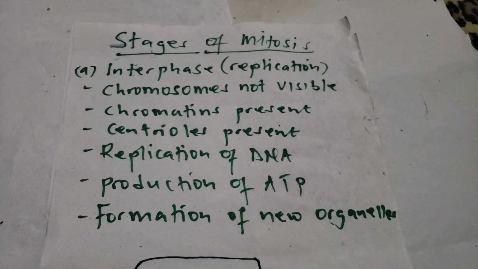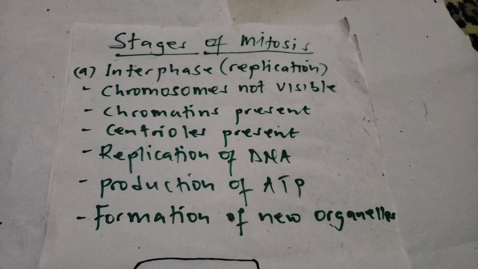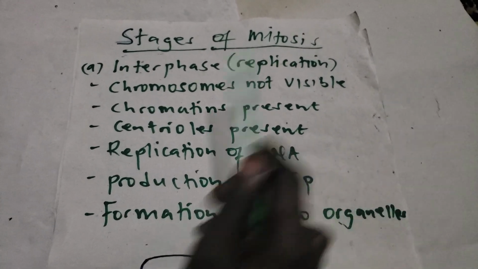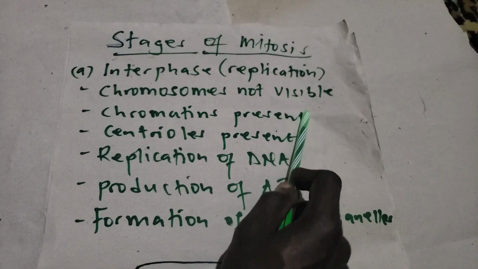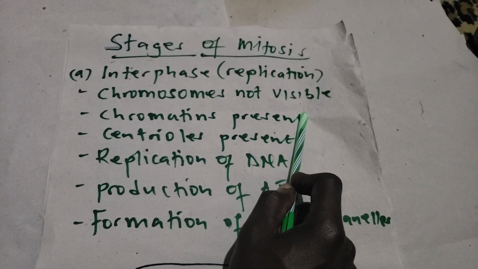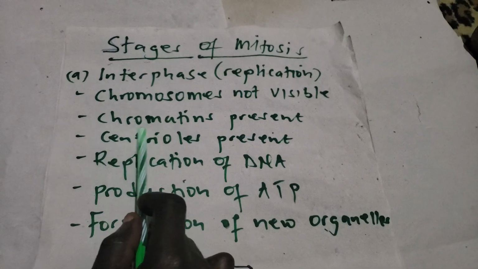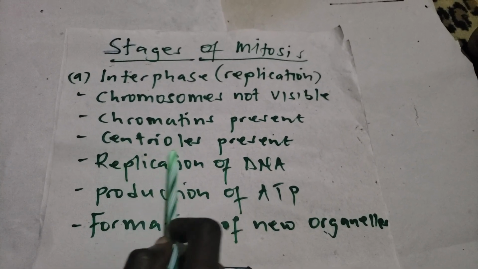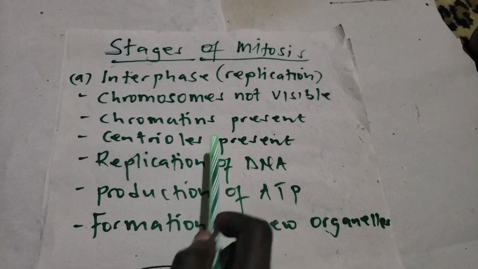In bracket, what we can call the stage of replication. Now, in interphase, we are seeing that the chromosomes are not visible. Then chromatins are present. Then we are looking at the centrioles are also present.